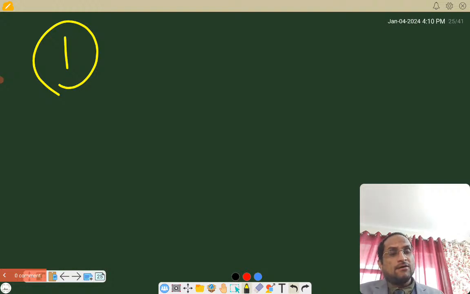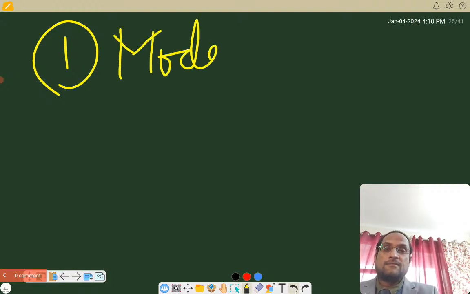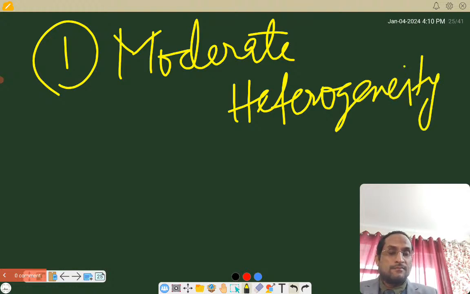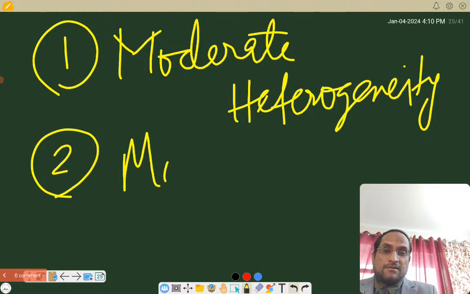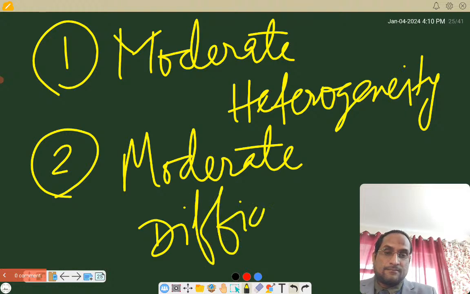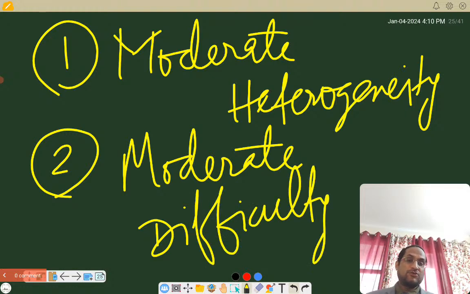That is, although the test may have different parts, different sections under it, to ensure that there is internal consistency in the test, we keep two things: moderate heterogeneity, and second, moderate difficulty. These two things must be ensured.